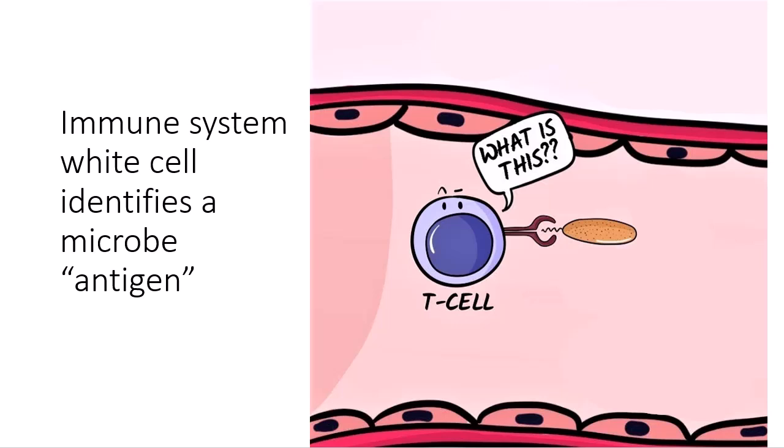And when it sees that this is a different protein, then it knows that that is a foreign substance, and it will then alarm the immune system to attack and get rid of this foreigner. Whenever a protein is identified by the immune system as foreign, it is termed an antigen.